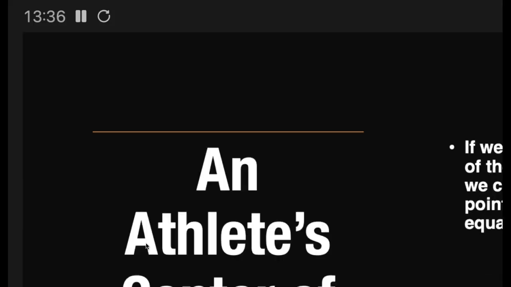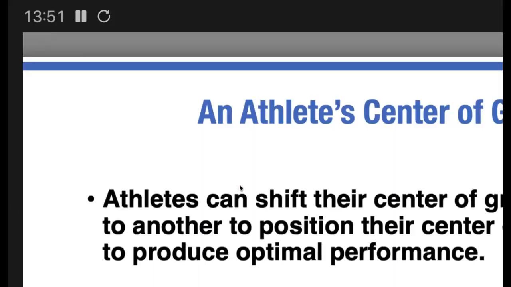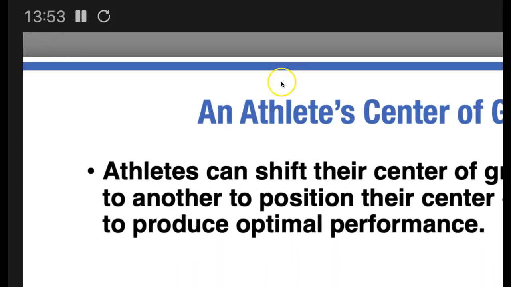All right, so back to sports here. If we collectively add up the parts of the human or the object, you can usually find a balance point of them. So the athlete's body has different substances in it. Y'all learned that in exercise phys. So your athlete can shift their center of gravity from one position to another to give themselves the optimal performance they want.